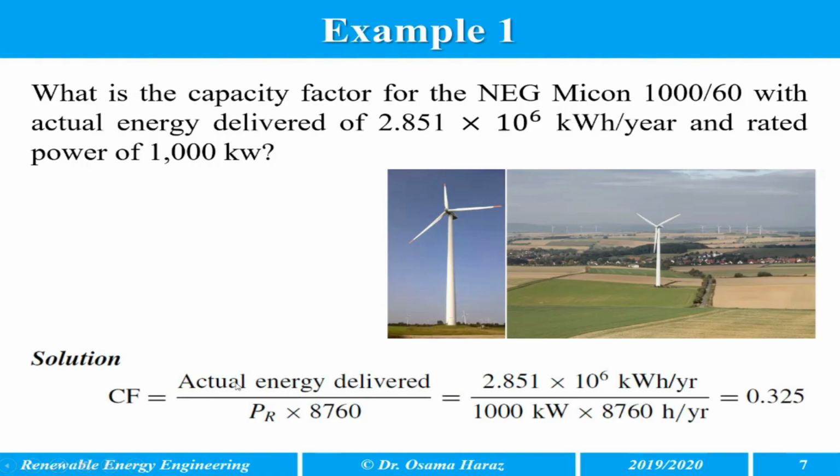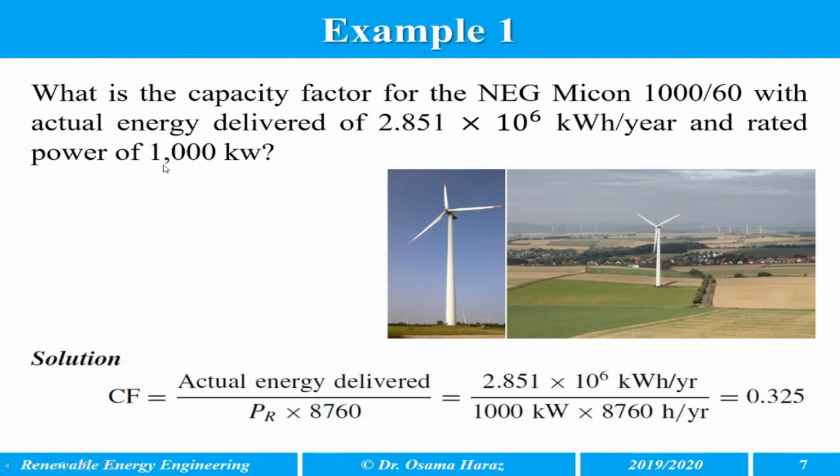So CF is the actual energy delivered, which is 2.851 times 10 to the power 6 kilowatt hour per year, divided by 8,760 times PR, the rated power.